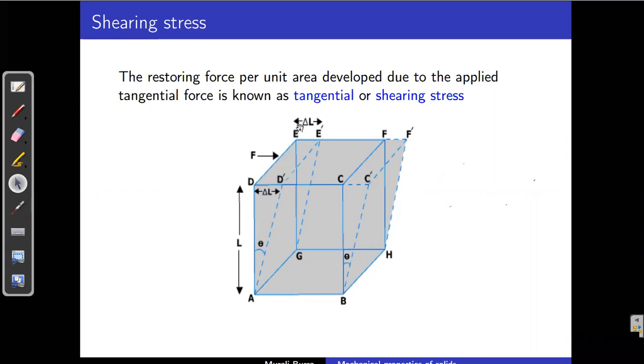Change in its configuration is delta L, and original length is L. So this change in length by original length, change in configuration by original configuration, is called our strain. Tangentially we are applying force, and in that way we are getting change. That's why this strain we call tangential or shearing strain, delta L by L. This delta L by L we can write as theta. Tan theta is opposite by adjacent. Opposite is delta L and adjacent is L. Delta L by L we can also write for tangential stress.